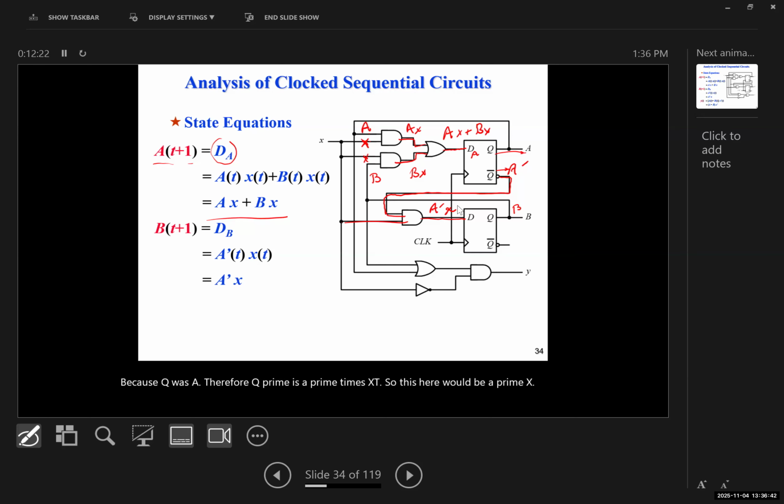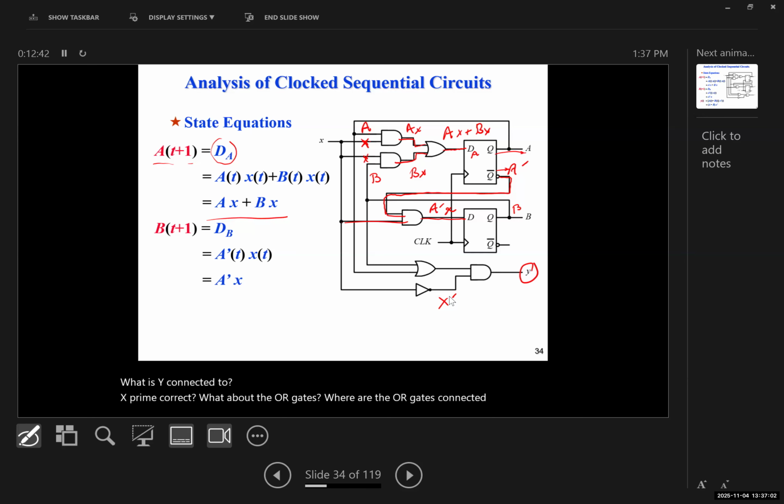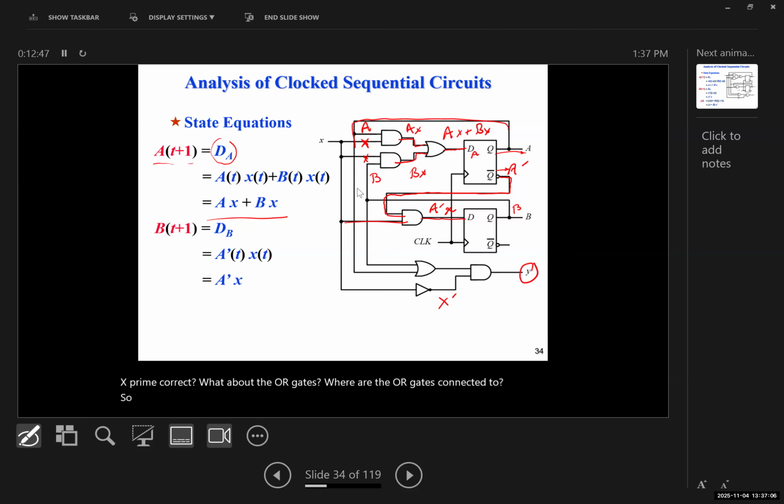Now, what is the other output Y? What is Y connected to? X prime, correct. What about the OR gate? Where is the OR gate connected to? So one input is connected here, am I correct? Which is A, and the other input is connected to where?